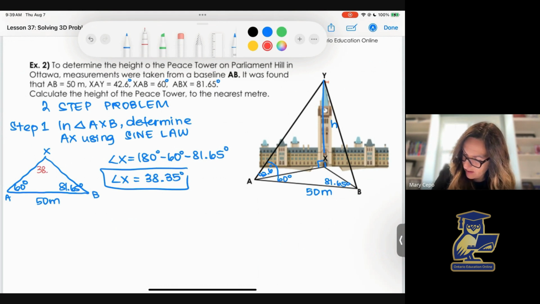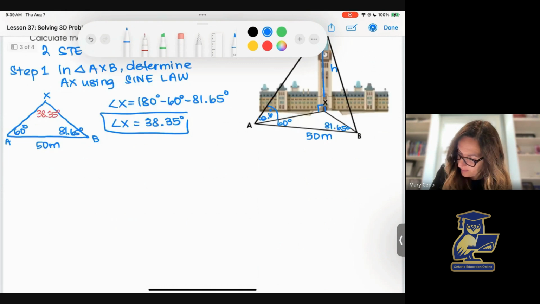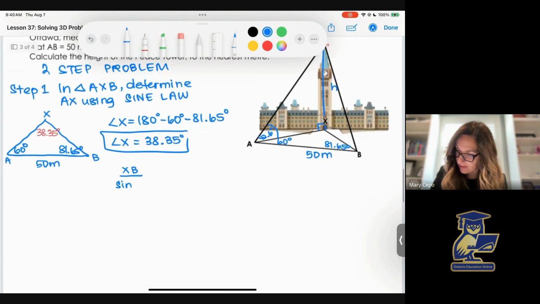We needed that angle in order to use the sine law, because you need the side given and the angle across from it. So using the sine law, we can say, I'm going to say XB, because that's the side we need, over sine of 60. Oh, we need AX.